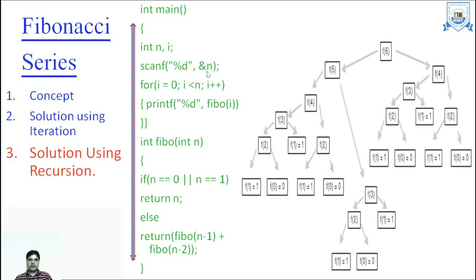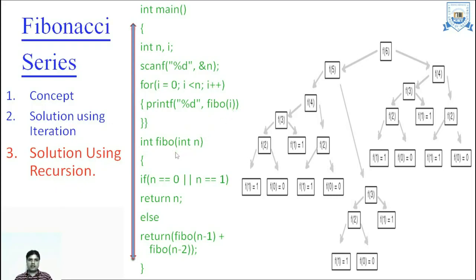Again we are reading the value of n for how many terms you want to print the Fibonacci series, and for every value of i from 0 to less than n, we will call the function Fibo, which we have defined, to generate the corresponding term. Here i indicates the term number starting from 0: 0th term, first term, second term. So this i is being passed to indicate which term we are referring to.